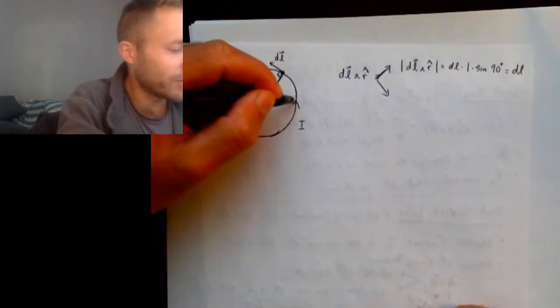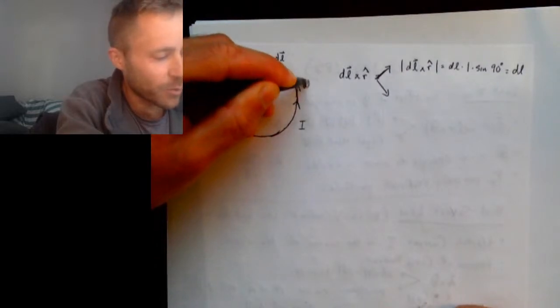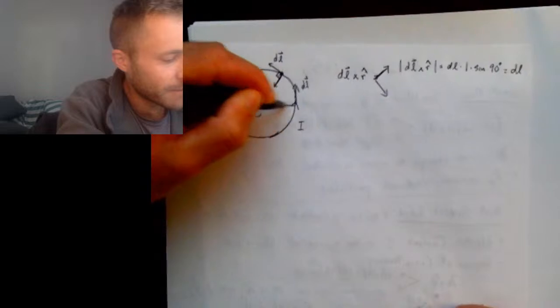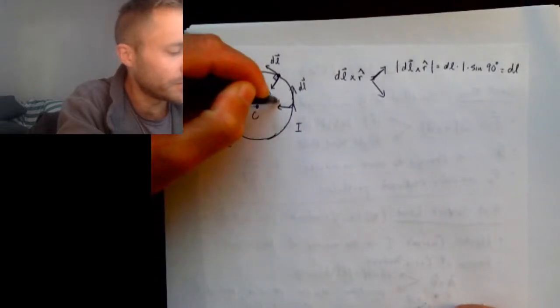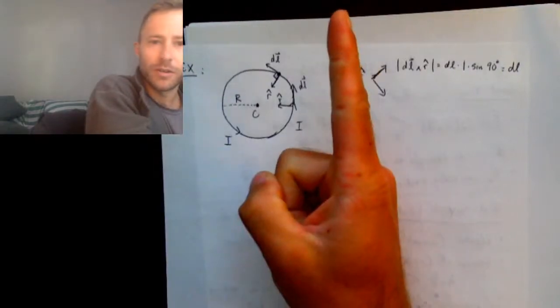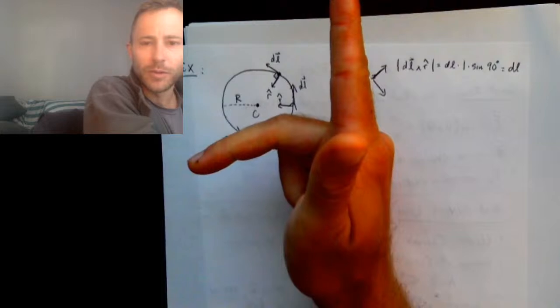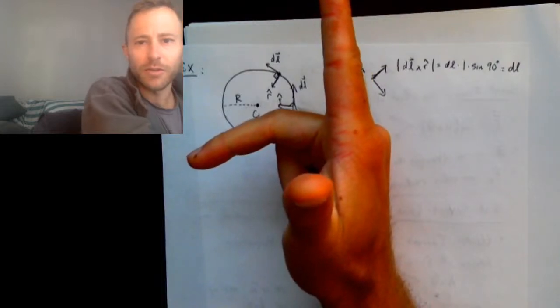And we could try a different location on the circle and show that we get the same answer no matter where we are on the circle. So what if I chose that point? I put my pointer finger with dl, middle finger with r hat, my thumb is going out of the page.